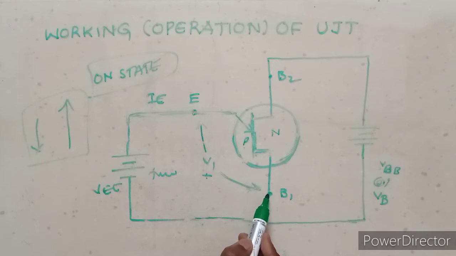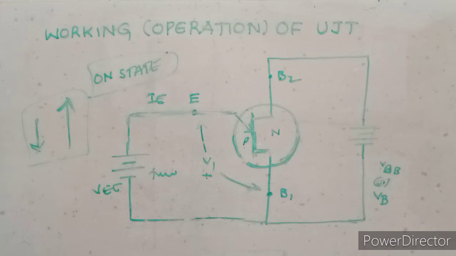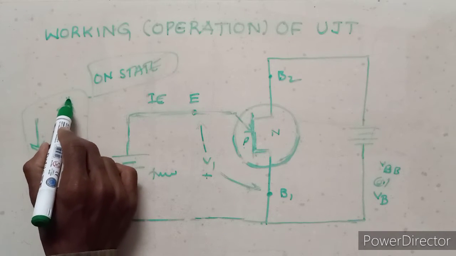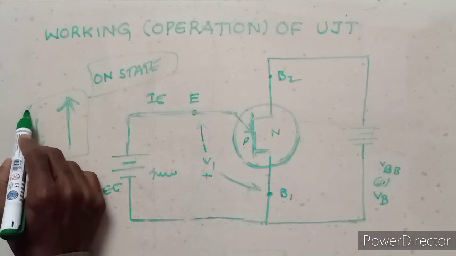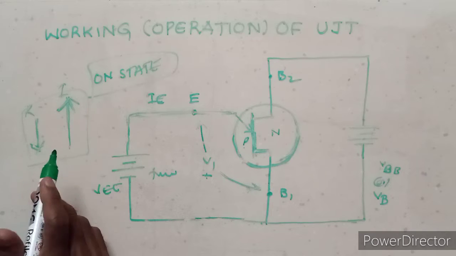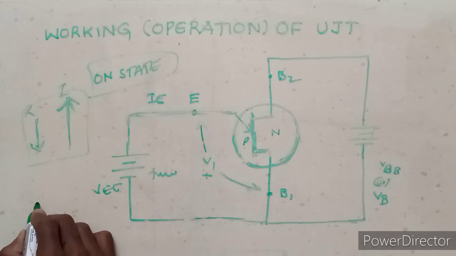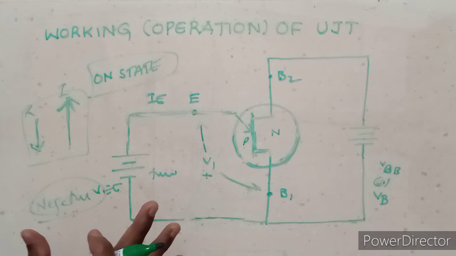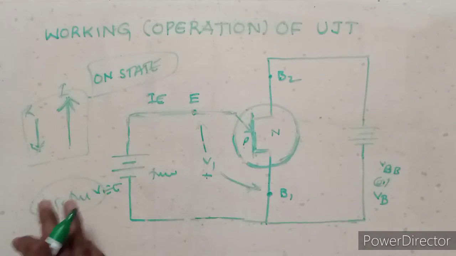Here the resistance decreases and the current increases. Due to the increase in current, the decrease in resistance is known as negative resistance. So this negative resistance characteristic is called the characteristic of UJT.